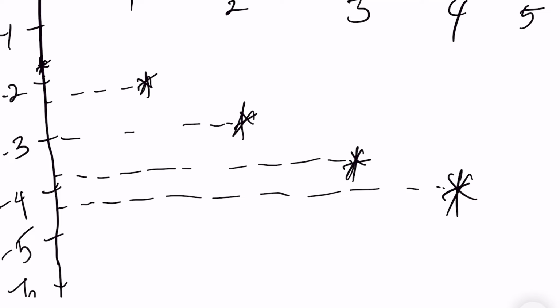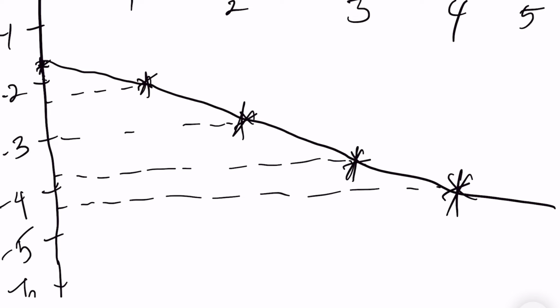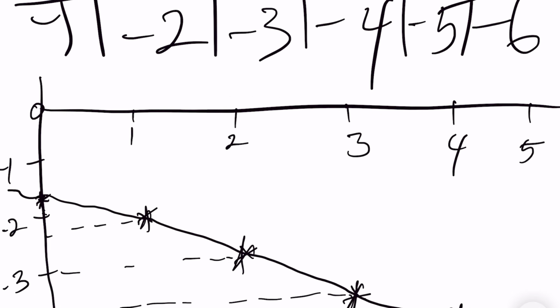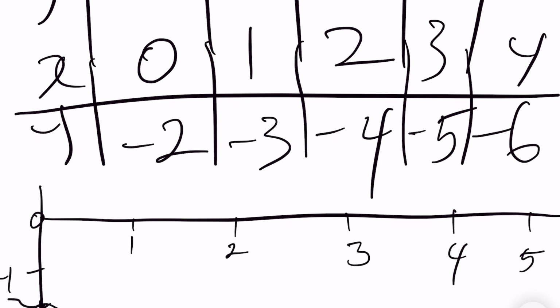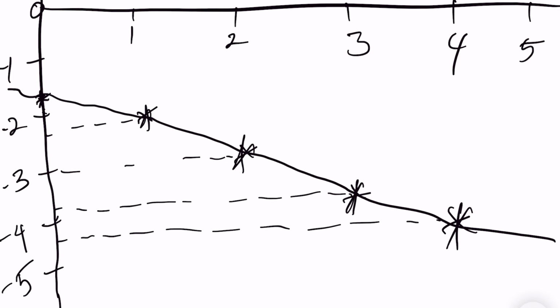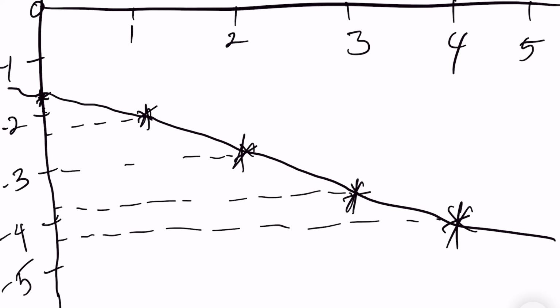So we draw a graph. This is our graph. It is a linear equation. So for the second, we have minus 2, minus 3, 4, 5, 6. So here we have at 0, we have it to be minus 2. At 1 is minus 3.